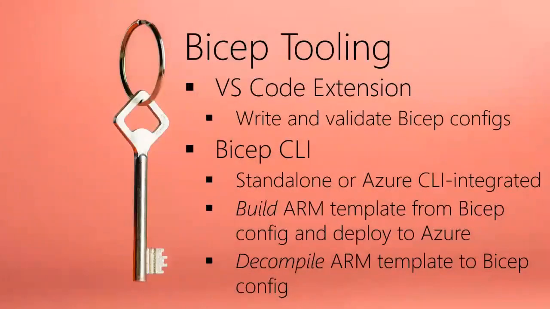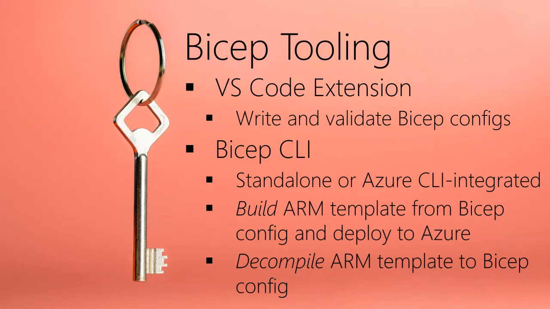So what does it mean now from a tooling perspective? Well, to start using Bicep, there are two tools, or let's say extensions, that you might find very helpful. The first one is the Visual Studio Code extension that allows you to create, write, edit, and read Bicep configurations.